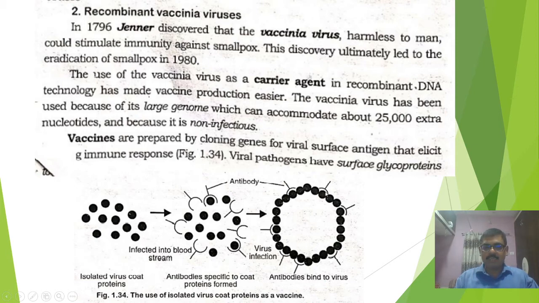This is a virus, and we are isolating the virus coat protein. Instead of injecting the virus or attenuated virus, we inject the isolated virus coat protein into the body of the person.